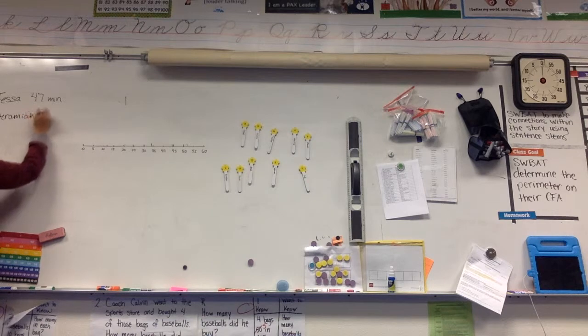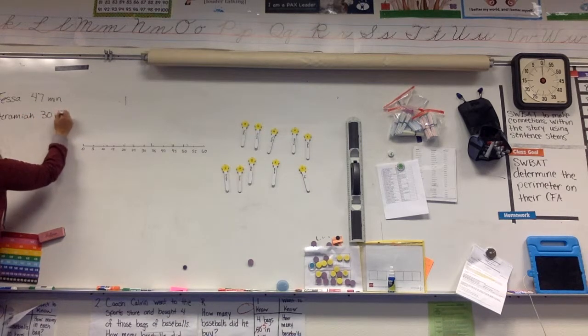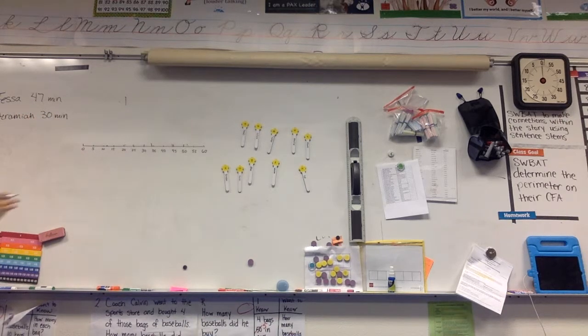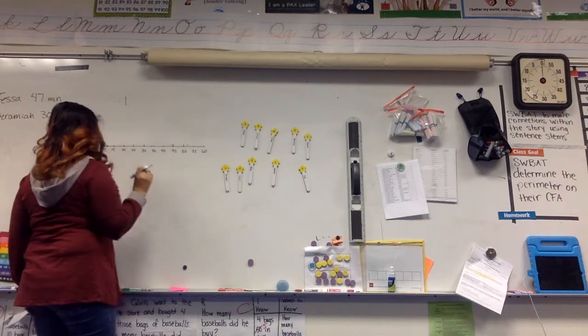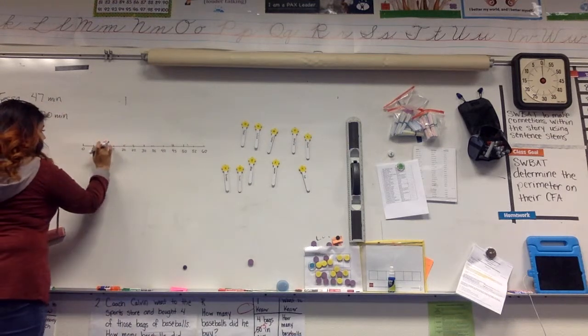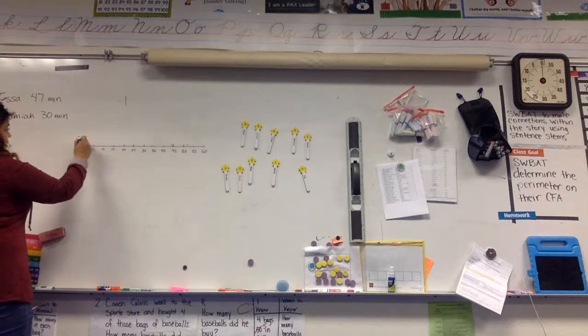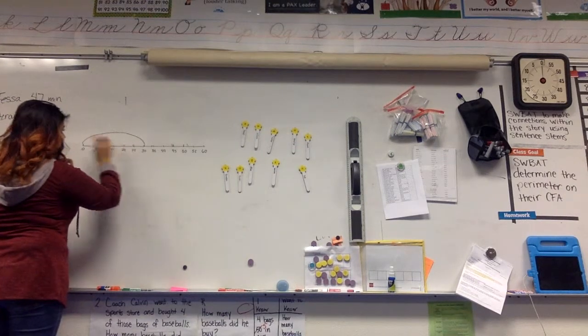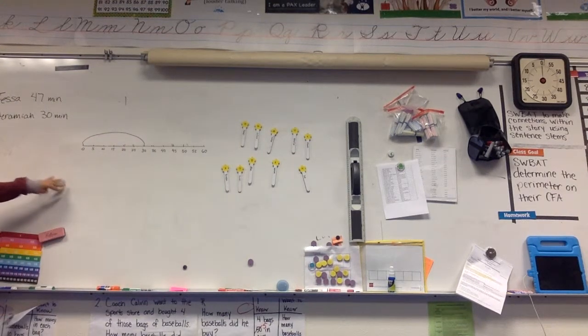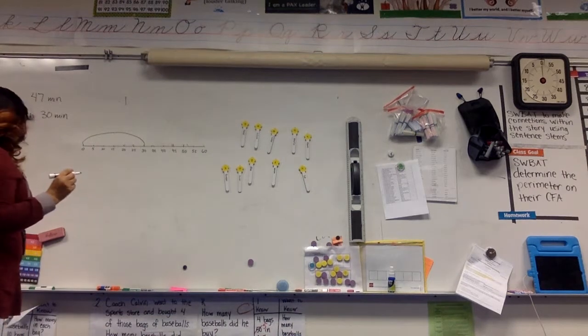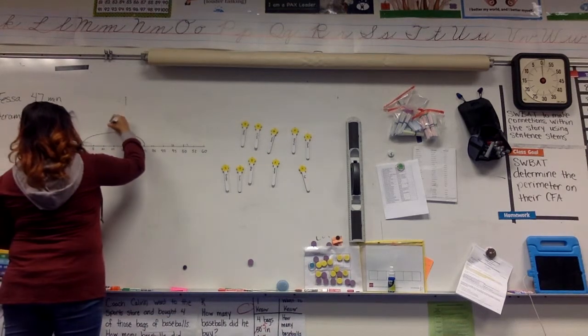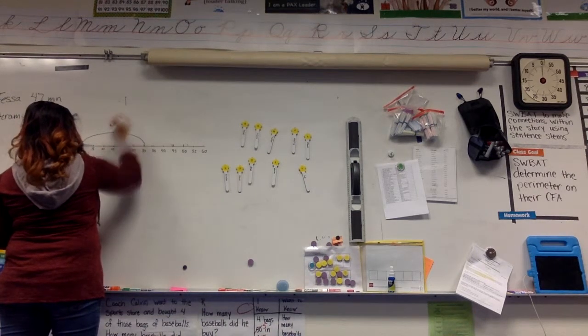Okay, we're going to start with Jeremiah. Okay, Jeremiah needs to walk longer. Okay, so Jeremiah is done 30 minutes. This is something he already did. So I'm going to switch colors on you. So he already did this.